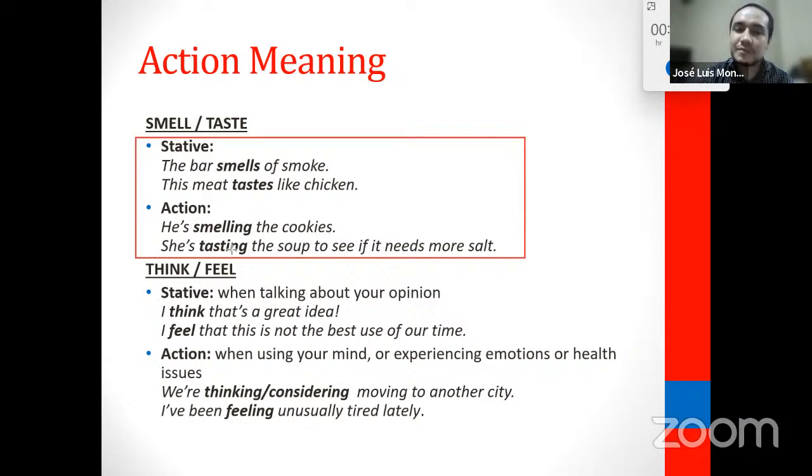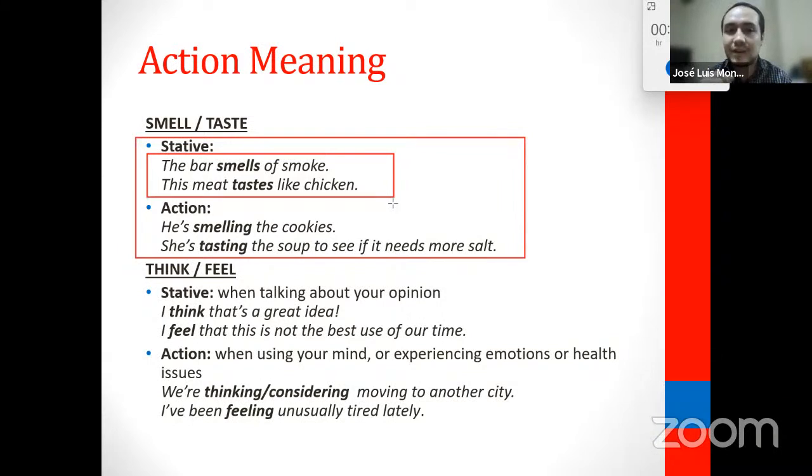You are tasting, you're trying the soup, and there's movement. But when it's a property, it's not movement. A characteristic or something that is produced by an object. It can be also by a person, but it's produced by that thing or that person.